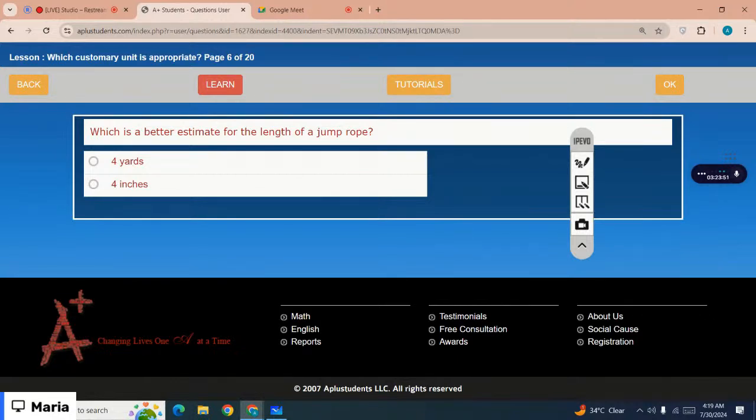The correct option is 4 yards. Option number one is the correct option. 4 inches is too small. That is 4 yards.